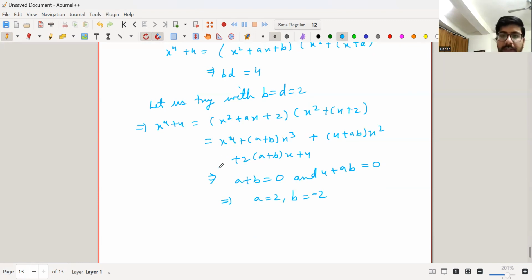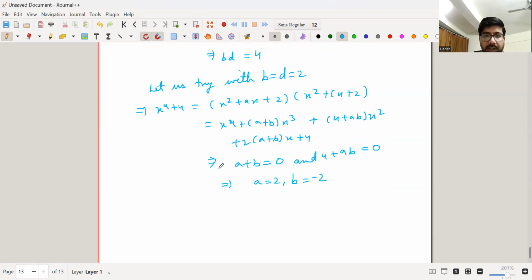So you are getting a choice for which it holds. This implies that x^4 + 4 is reducible, and it is (x^2 + 2x + 2)(x^2 - 2x + 2). Very silly mistakes I am doing. I should put a c wherever b is there.